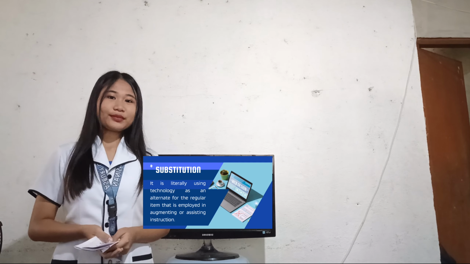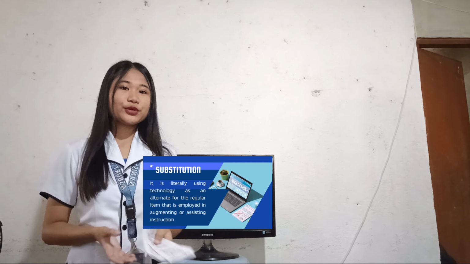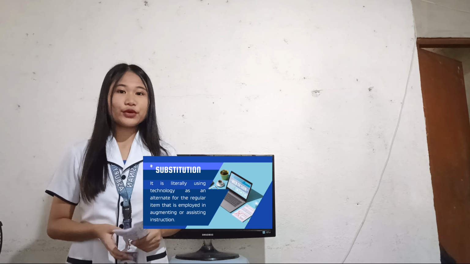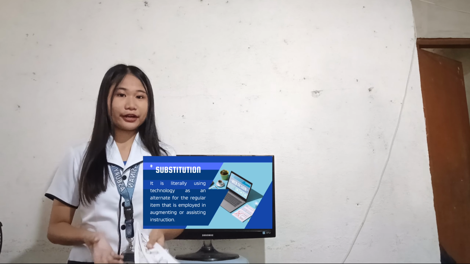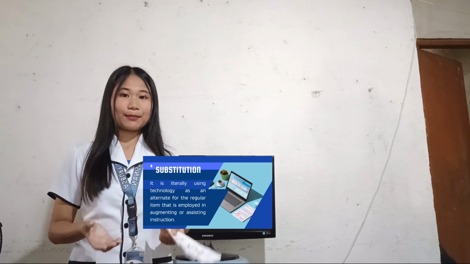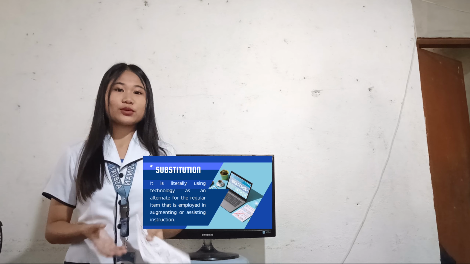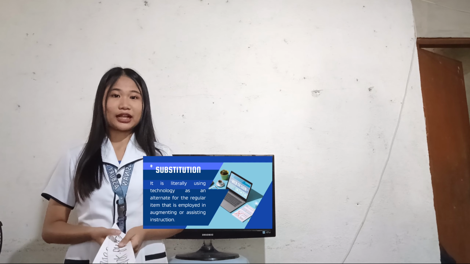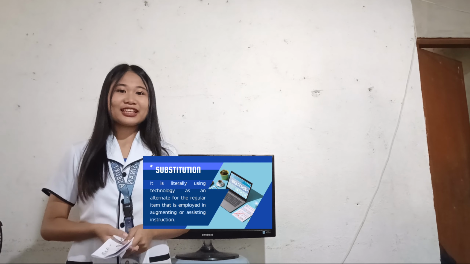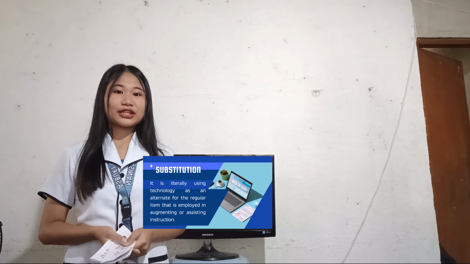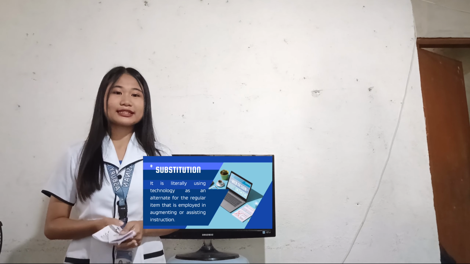For example, instead of using a physical map or globe to teach geography, we can use Google Maps or Google Earth on a computer or tablet. It's the same idea, but you use technology instead of traditional tools. So here, technology acts as a direct substitute with no functional change. Did you understand, class?